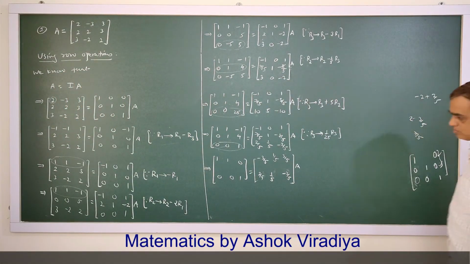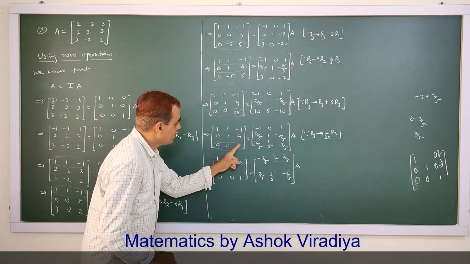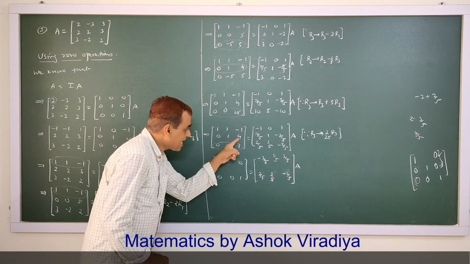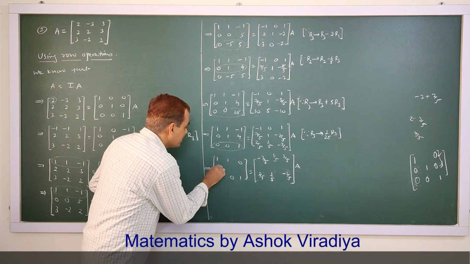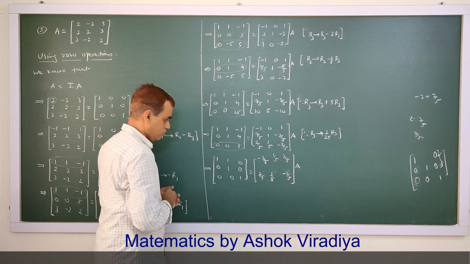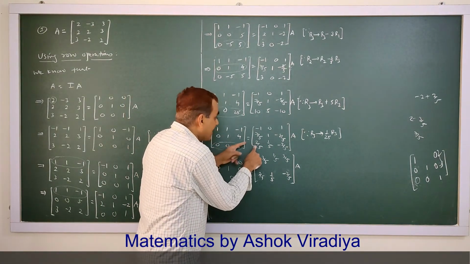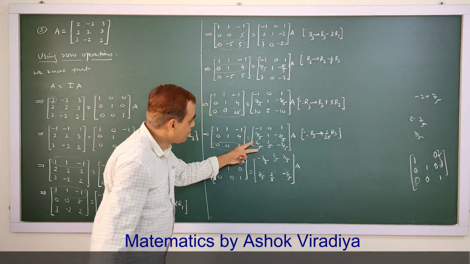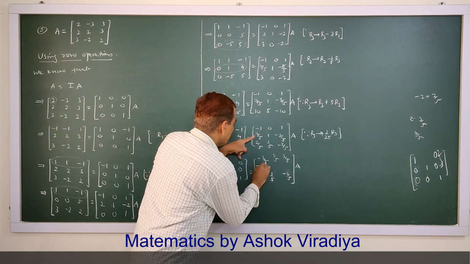Now this 0. To get 0 here, use the same line. Multiply by 4, subtract here. Multiplying this by 4, subtracting here. So 0, 1, 0. Multiplying this by 4 and we are subtracting here. So 4 times 2 by 5 equals 8 by 5. 8 by 5 subtract here, so minus 1 by 5.